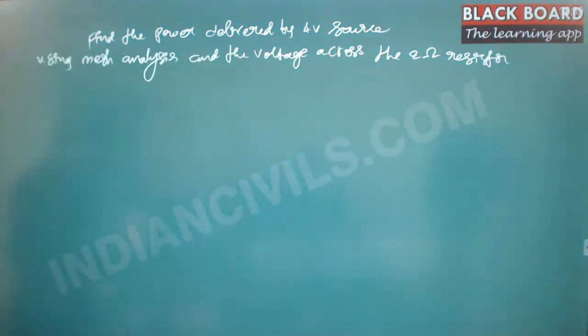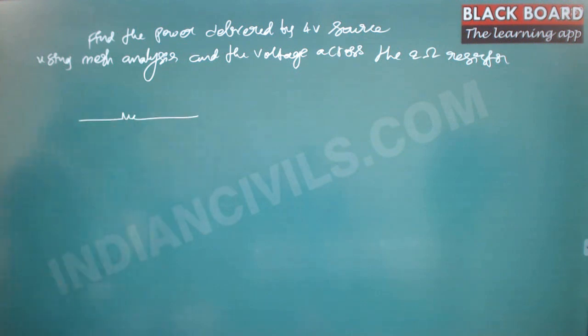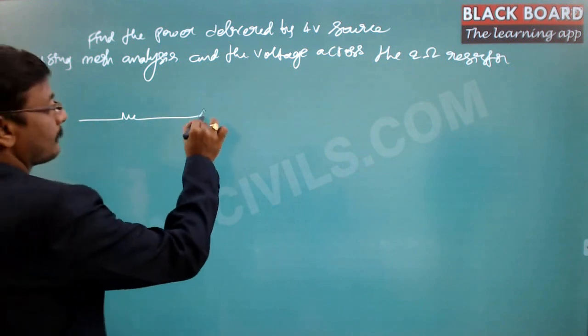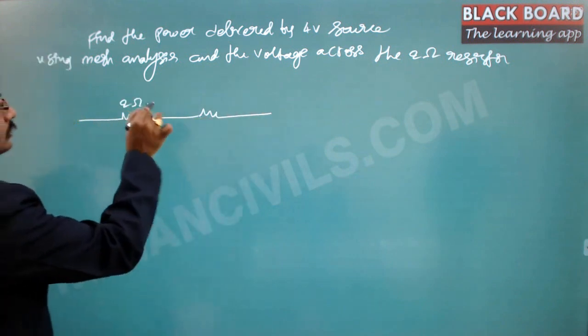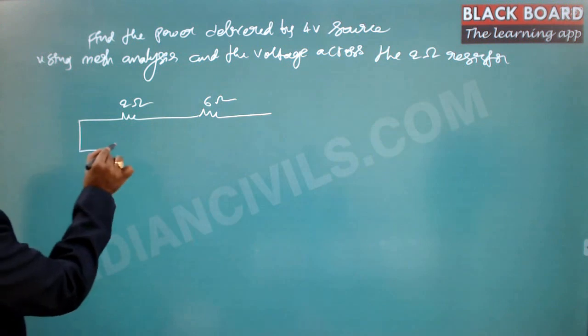So the network is, there is one resistance here and there is one more resistance here. So this is 2 ohms, this is 6 ohms, and there is a current source of 5 amperes.